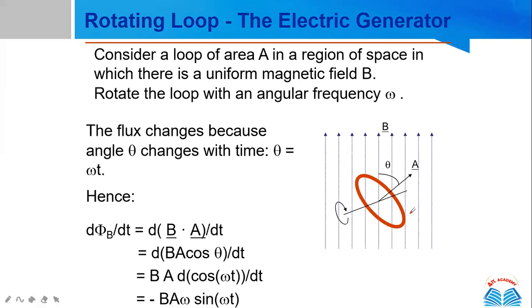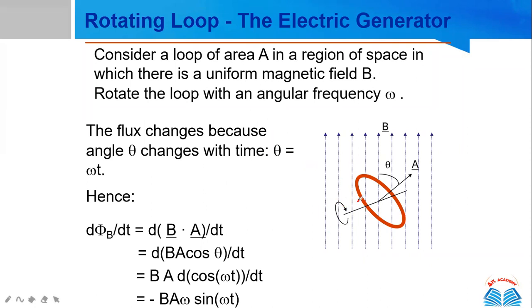Okay, now I have a loop and I am rotating it. Then how can we follow Faraday's law and Lenz's law? So look at this diagram. This is a loop of area A, and this is the direction of a magnetic field, that is B, and this loop is rotating in the direction of the arrow you can see.